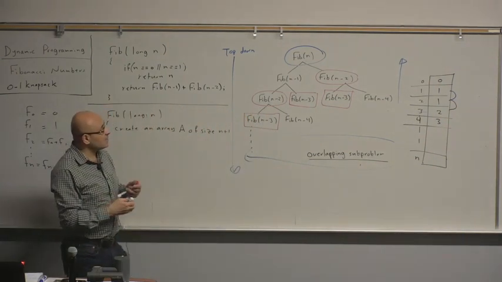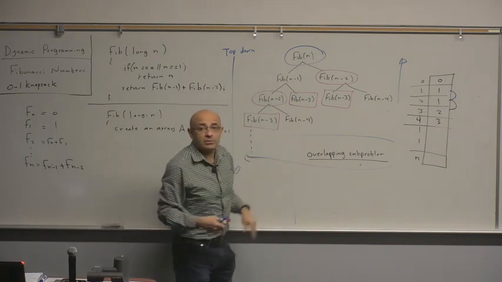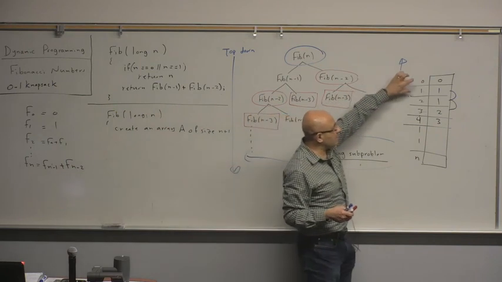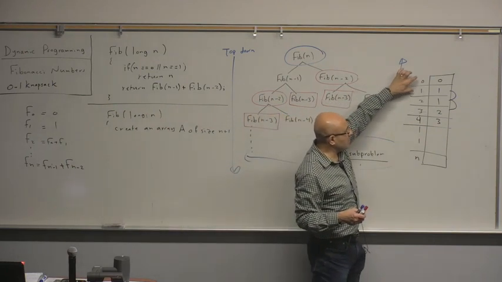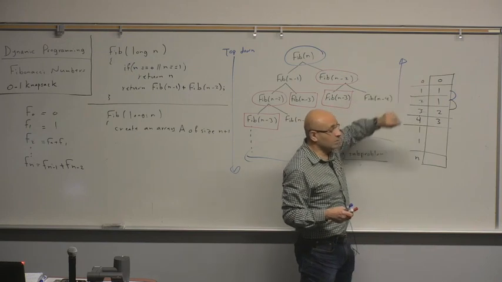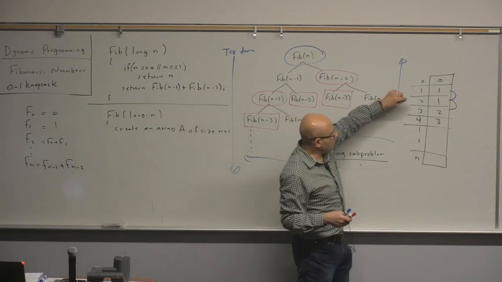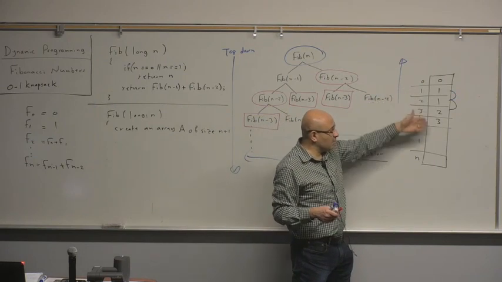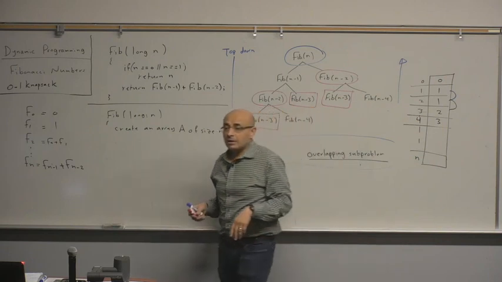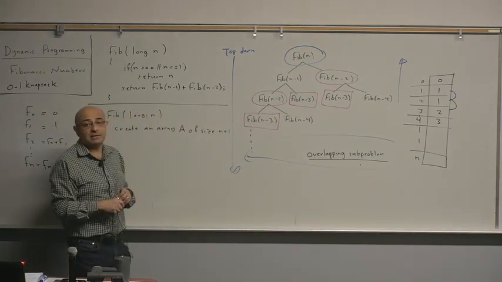So instead of starting with the big problem and going top down, we're going bottom up by solving the base sizes first, then using these solutions to the small problems to build solutions to bigger problems. And so we keep going until we get to the whole problem of size n.